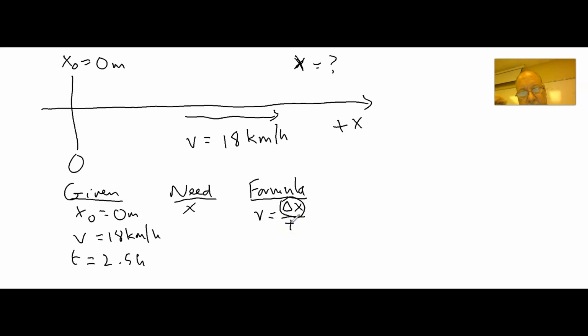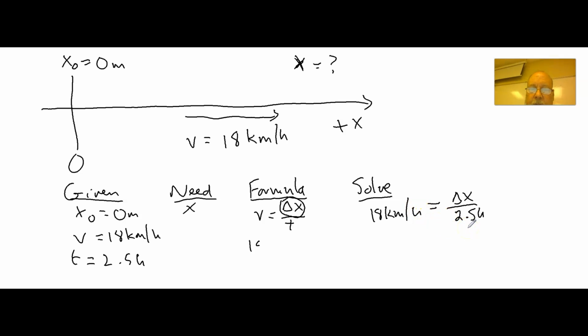In simple problems, it doesn't really matter. If I wanted to solve this way, I could just plug in 18 kilometers per hour equals delta x over 2.5 hours, and then I can multiply that by 2.5 and find out what that was.